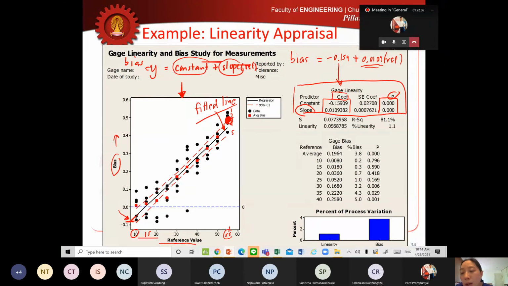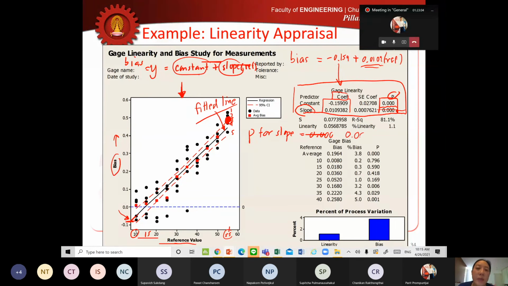I'll guide you that you have to take a look at this number. In this case, it shows that the p-value for slope is equal to 0.000. Actually, I do not want to cross it, 0.000.